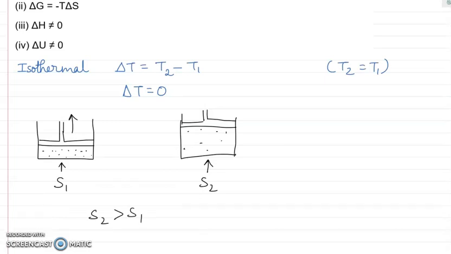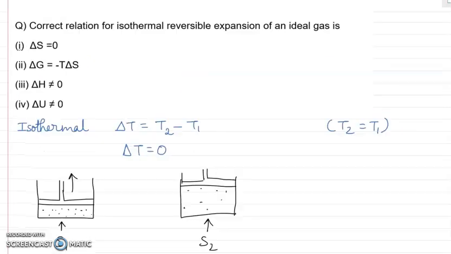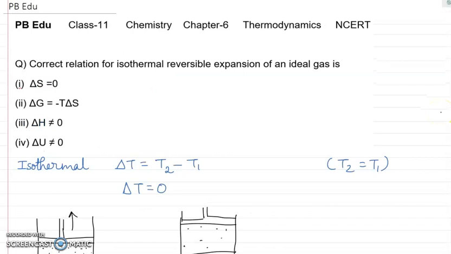Change in entropy would be final minus initial. S2 is greater, so we are subtracting a smaller value from a greater value. It means the answer would be positive. Therefore, for this process, isothermal reversible expansion, the change in entropy is positive.